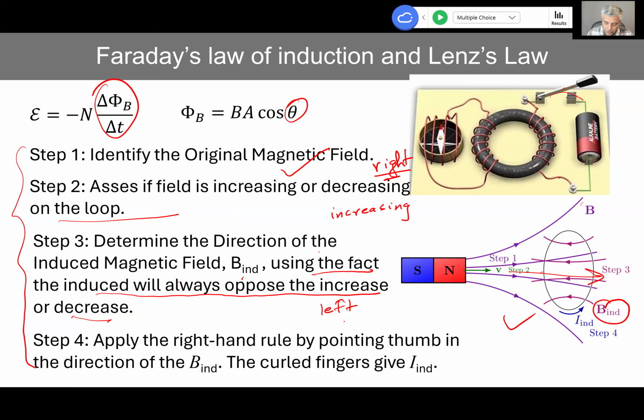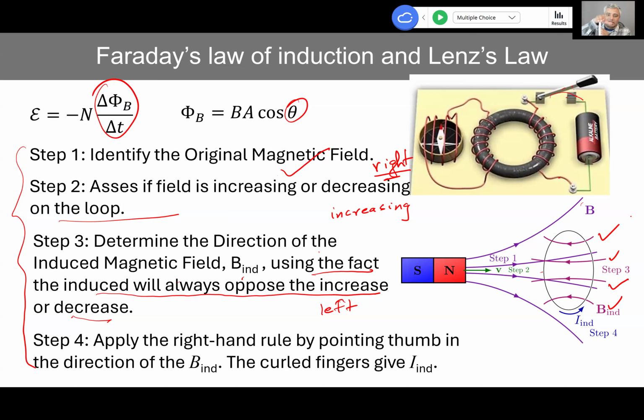Once you know the induced field direction, just like I have shown here by drawing these lines, now you know the field has to be in that direction. That means you can find in what direction the current has to be circulating. For that, you start by pointing the thumb in the direction of the field you want, and then see which way the fingers go.